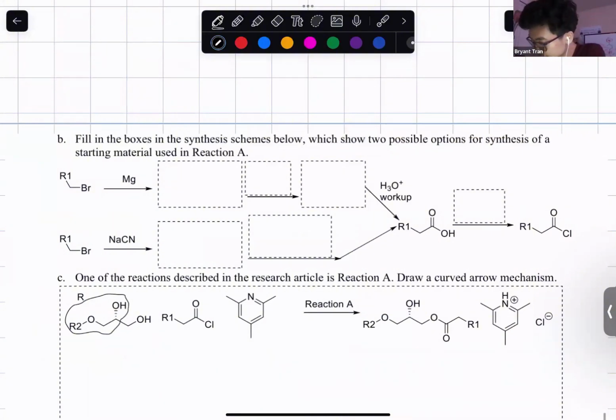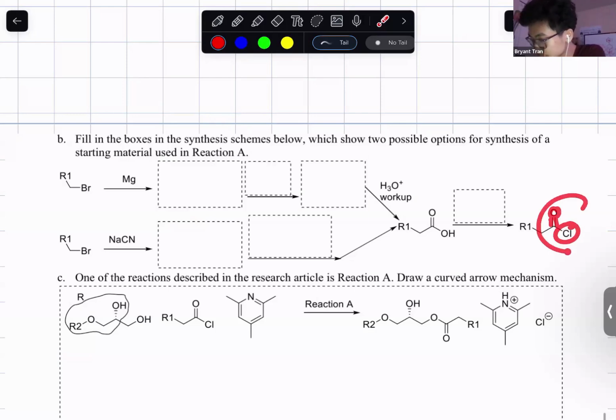Fill in the boxes in the synthesis schemes below, which will show 2 possible options for synthesis of the starting material used in reaction A. Our end goal is to get this acyl chloride, which is a carbonyl attached to a chlorine halogen, the acyl chloride functional group.